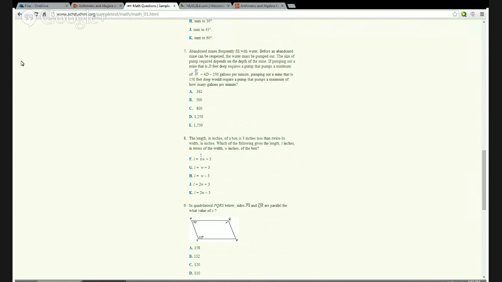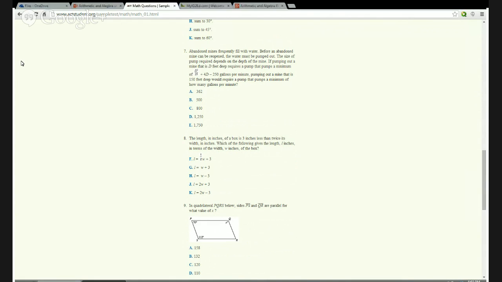Question 9, as in quadrilateral PQRS below, sides PS and QR are parallel for what value of x? So this is actually one of those problems where we know that they're parallel because they tell us. So we're going to look at it as two parallel lines cut by a transversal.